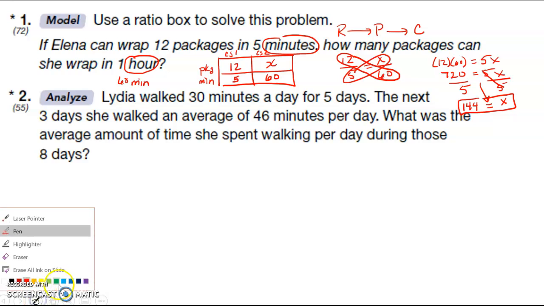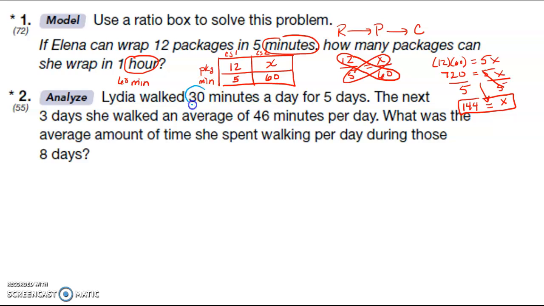Let me go ahead and get another color. This says Lydia walked 30 minutes a day for 5 days. The next 3 days, she walked an average of 46 minutes a day. What was the average amount of time that she spent walking per day during those 8 days? So I'm going to start with the formula for average, which is the sum over how many.